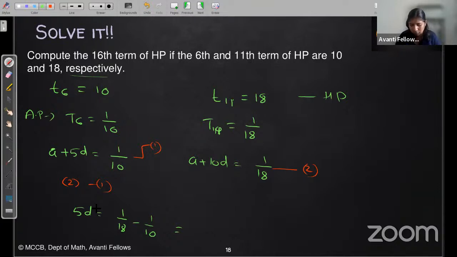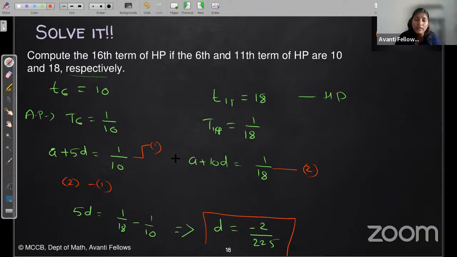This implies D is equal to minus 2 divided by 225. Here we found the value of D. Now, to find the 16th term, we need the value of A, right? So how can we find the value of A? Tell me.